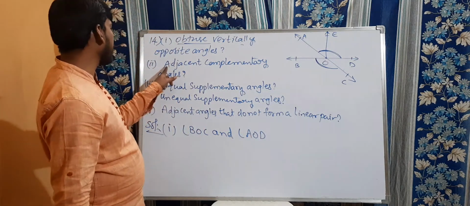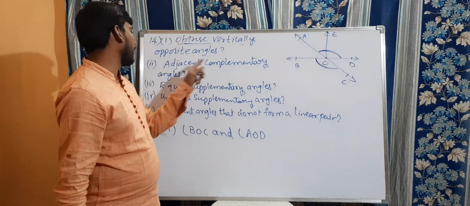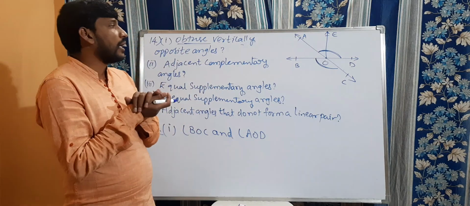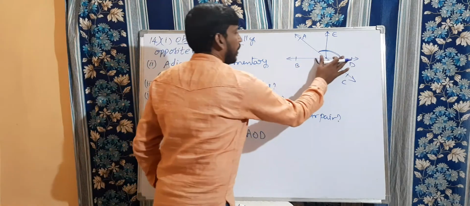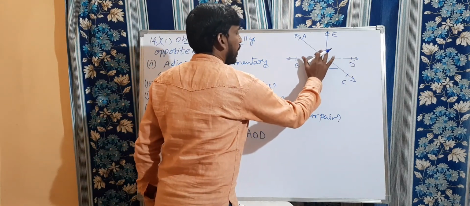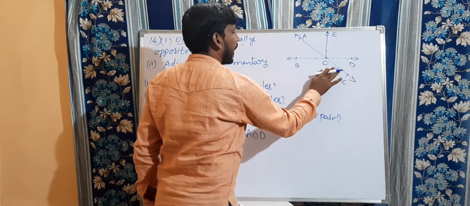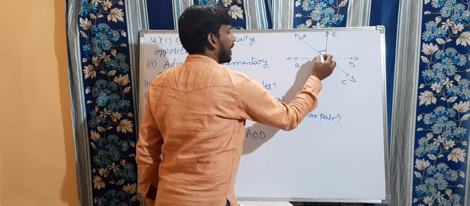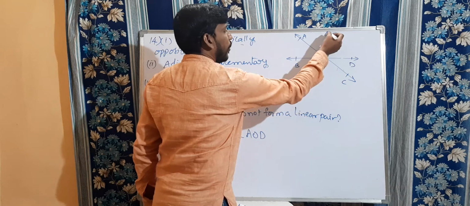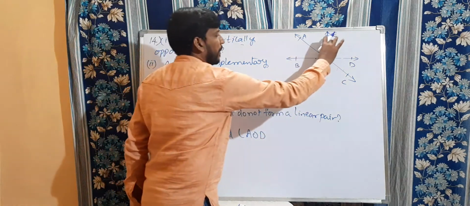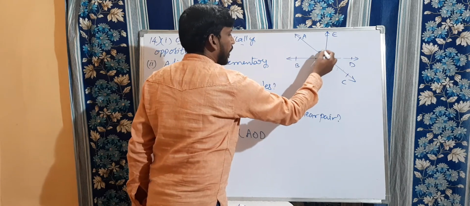Okay. Now coming to the second one, adjacent complementary angles. It should be adjacent and the sum should be 90 degrees. So now see this here. Observe angle AOE and angle BOA. See this part and this part. Here OE is perpendicular, so this angle should be 90 degrees.